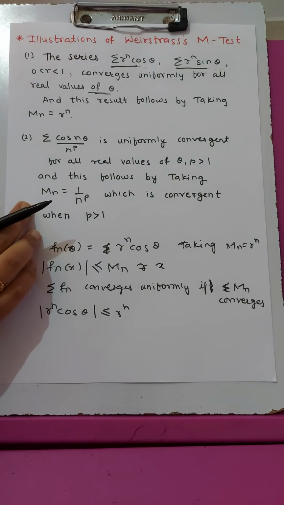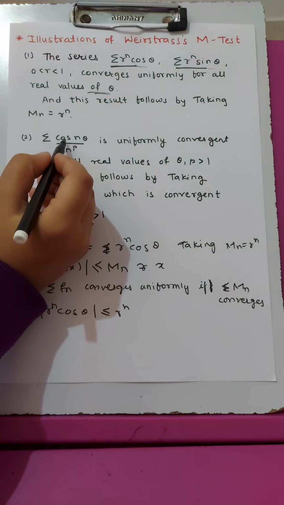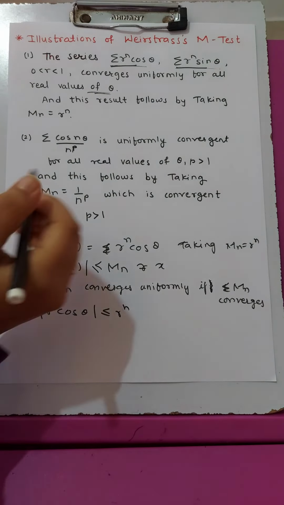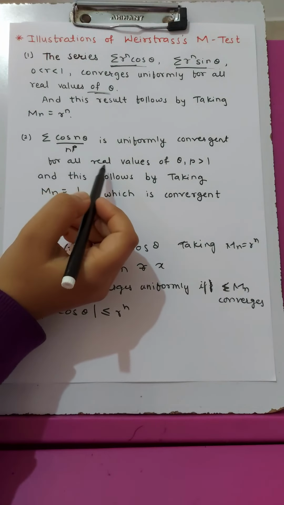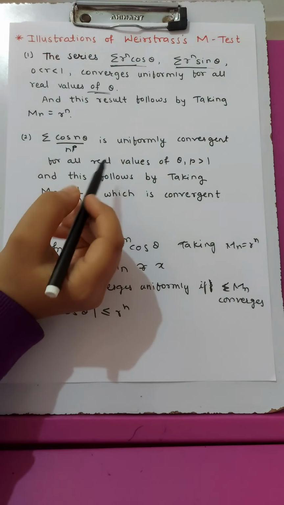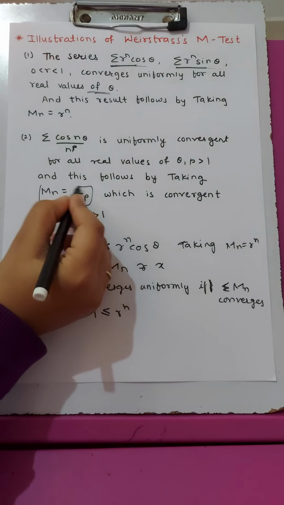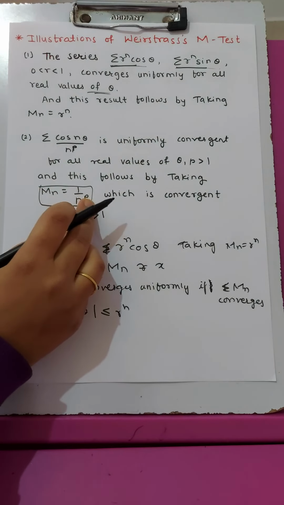In the next example the series given is summation cos n theta upon n to the power p, and this series is uniformly convergent for all real values of theta and p greater than 1, and this follows by taking Mn equal to 1 upon n to the power p.